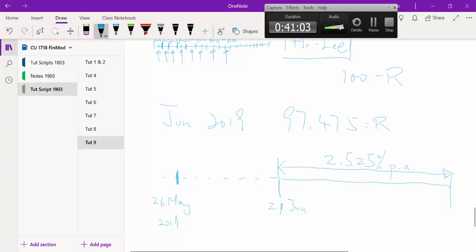Yeah? So the market thinks that the 3-month interest rate, 1 month from now, is 2.525. Now, it is entirely your freedom. If you want to disagree with it, you may think it should be higher, you may think it should be lower. That is entirely your business.